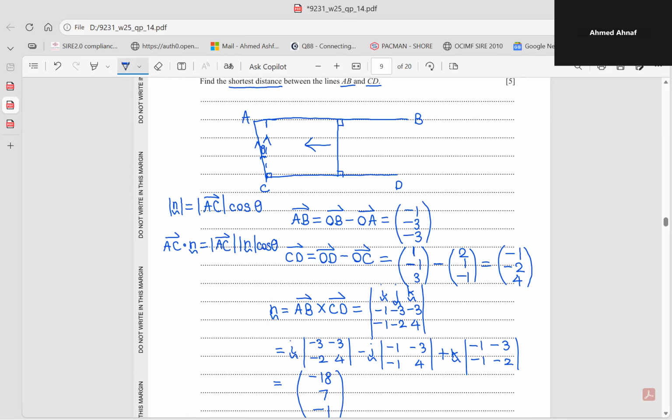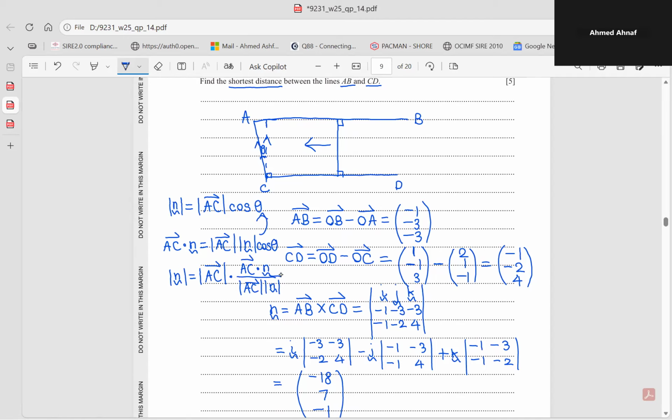If you make cosine theta the subject and substitute it into here, you can do that in your head. The final expression would be the magnitude of the normal equals the magnitude of AC times the dot product of vector AC and the normal, over the magnitude of AC times the magnitude of the normal.